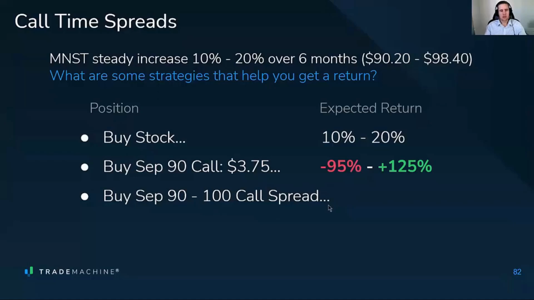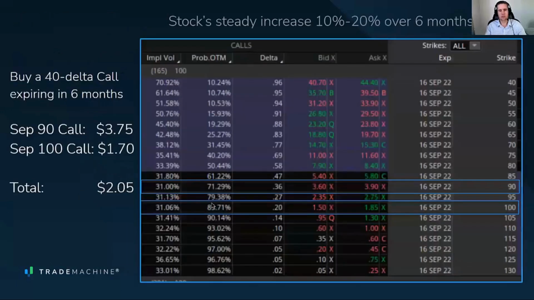And that's always a great thing to do. If you're trading options and you can sell options that expire at 0, then you're doing something right. And so let's look and see how this would affect our P&L if, in addition to buying the September 90 call, we sold the September 100 call and made it a call spread.